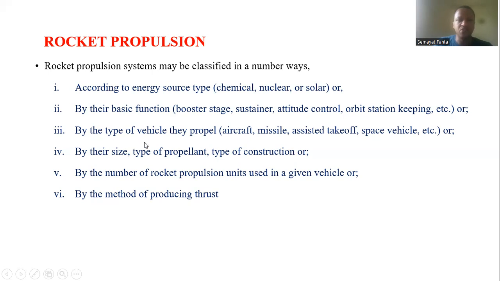So we classify based on the vehicle type. By size, by type of propellant they are using, by type of construction, meaning the geometric feature, by the number of rocket propulsion units, and also by the method of producing thrust. Based on this method, we can classify them in a number of ways.